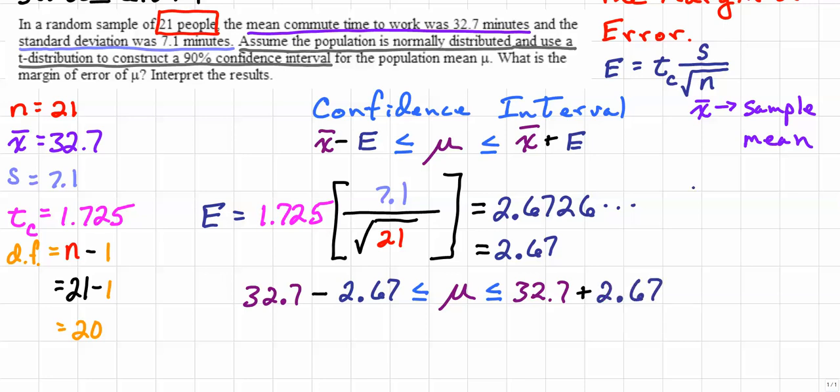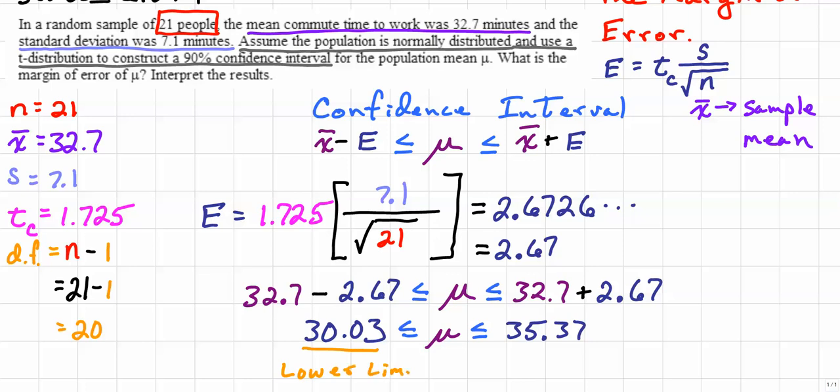Then we simply do the arithmetic. This will be 30.03 less than or equal to the population mean, less than or equal to 35.37. This is what we consider the lower limit, and this over here will be the upper limit.